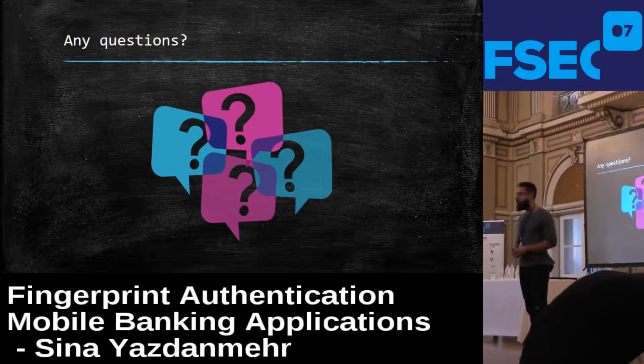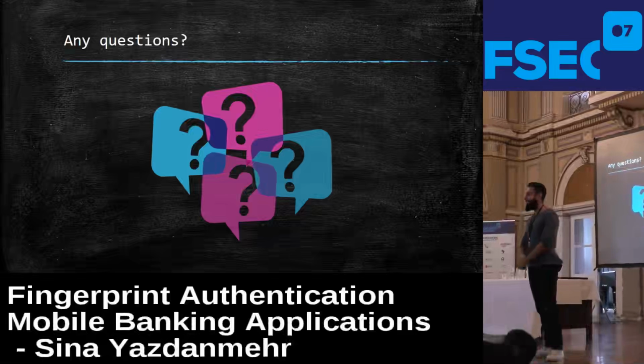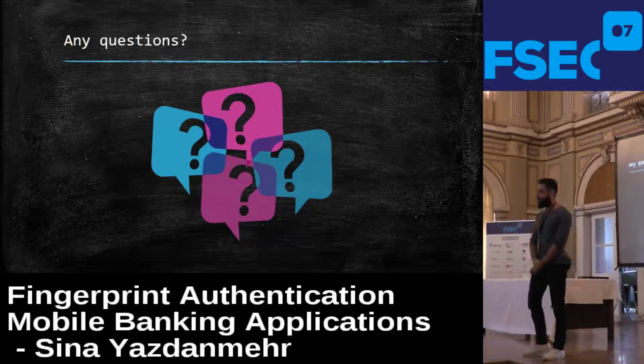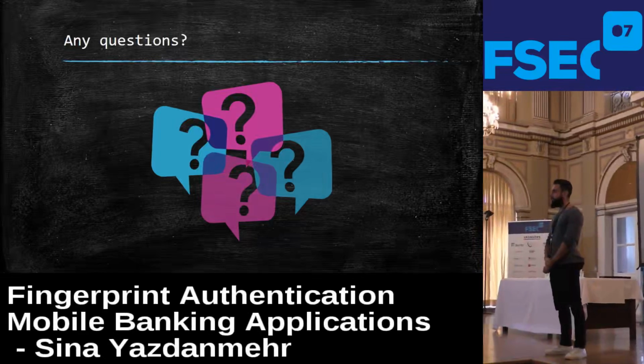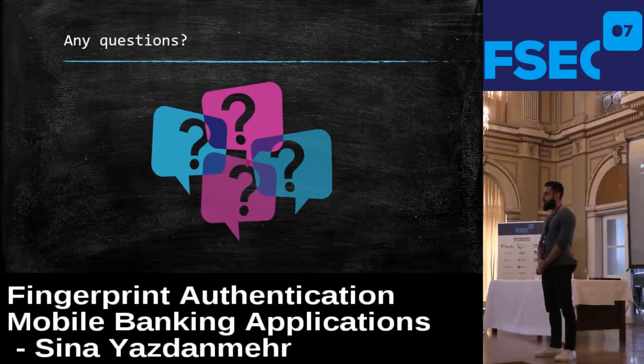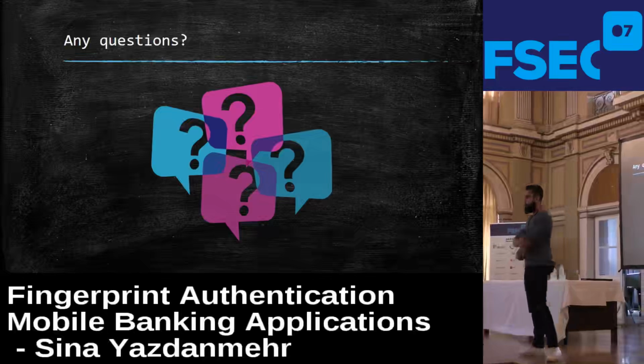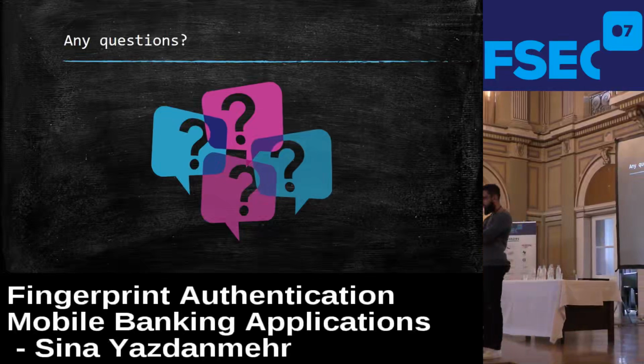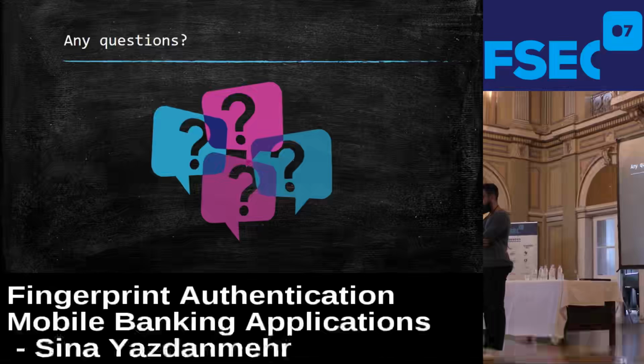Is this on? It is. Okay, so you mentioned earlier that our primary risk was due to the fact that we have to trust the operating system and its subroutines in order to scan the fingerprint and retrieve it from the key store.